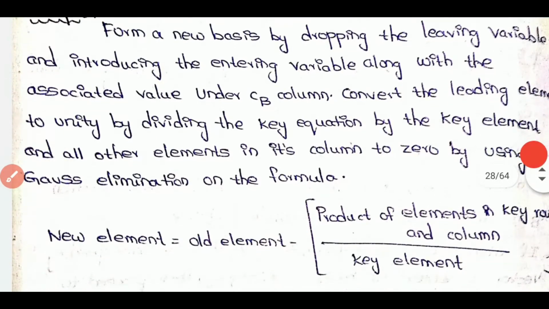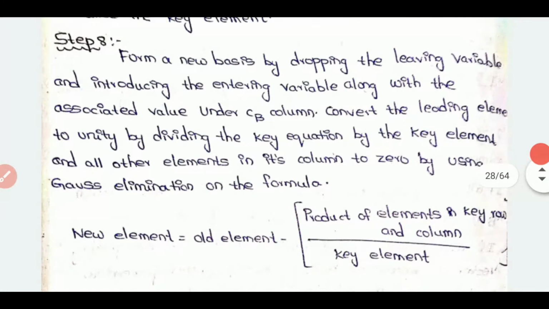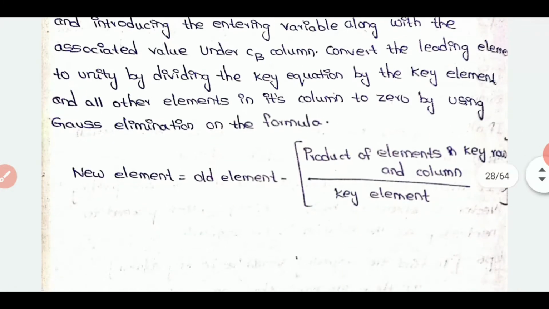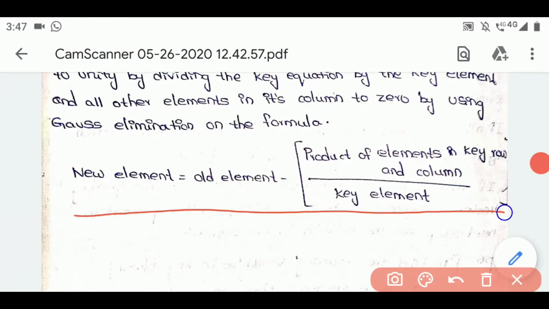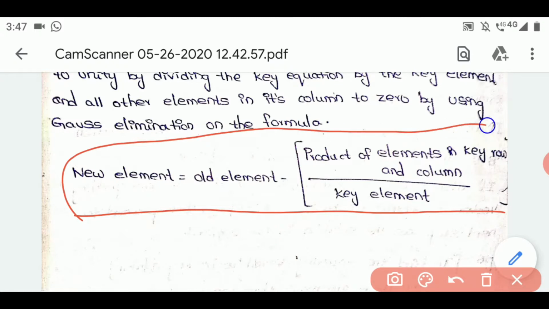Form a new basis by dropping the leaving variable and introducing the entering variable, and we will find out the new element. The formula for the new element is the old element minus the product of elements in the key row and column divided by the key element. This is the formula to find the new element.